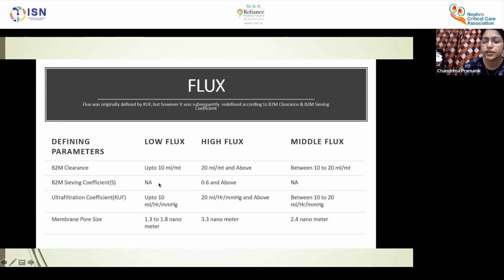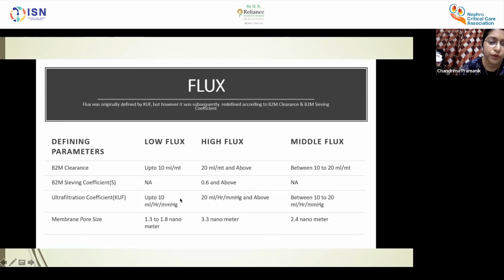If a sieving coefficient is equivalent to 0, that means none of the solute is permeable. If it is 1, that means it is freely permeable to the solute. So it is intermediate. The ultrafiltration coefficient in case of a low flux dialyzer is up to 10 milliliter per hour per millimeter mercury. Whereas in case of high flux, it is greater than or equal to 20 milliliter per hour per millimeter mercury.